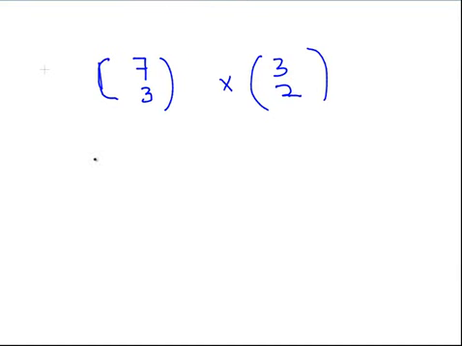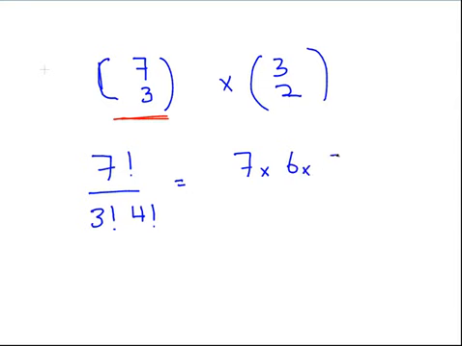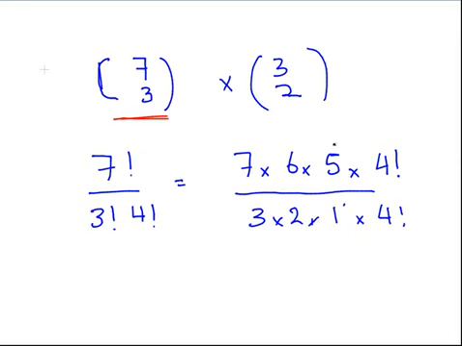So we'll just do this part here. 7 choose 3 is equal to 7 factorial over 3 factorial times (7 minus 3) factorial, which is 4 factorial. That is equal to 7 times 6 times 5 times 4 factorial. We could stop there because we have 3 by 2 by 1 by 4 factorial.